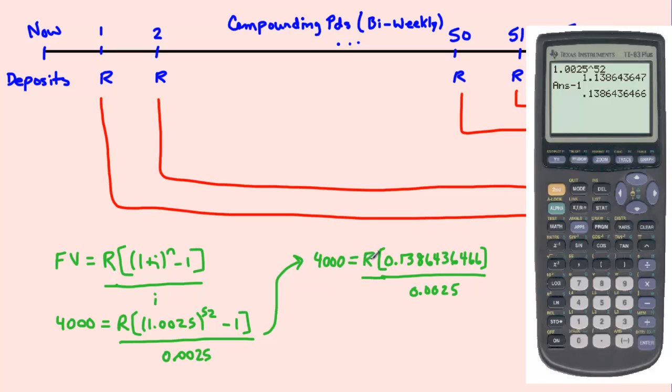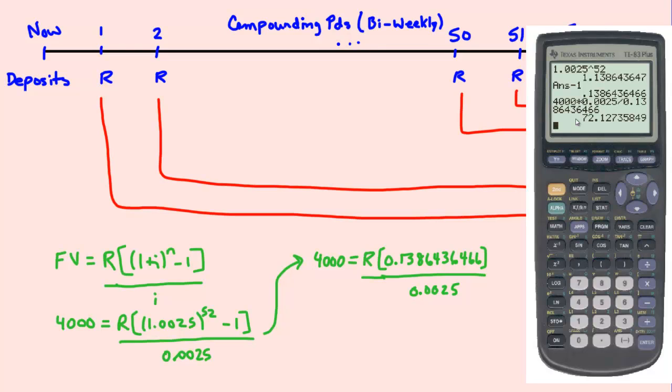So because I want to isolate for R, I'm going to take my 4,000, multiply it by 0.0025, and then divide it by this answer that I got here. So 4,000 multiplied by 0.0025, but then divided by 0.138643666.